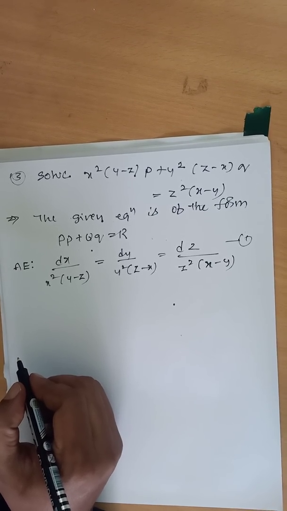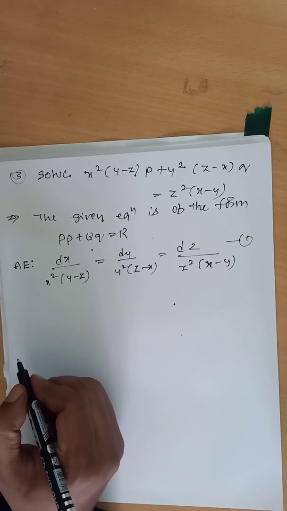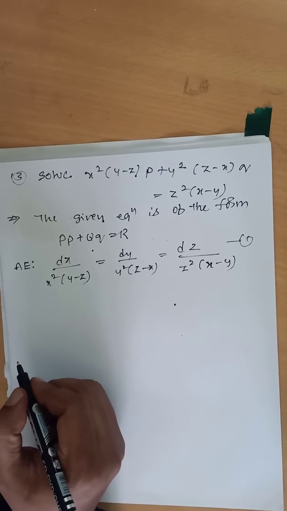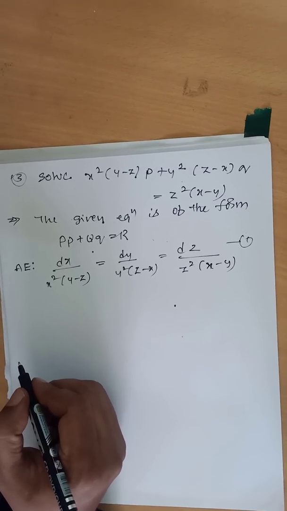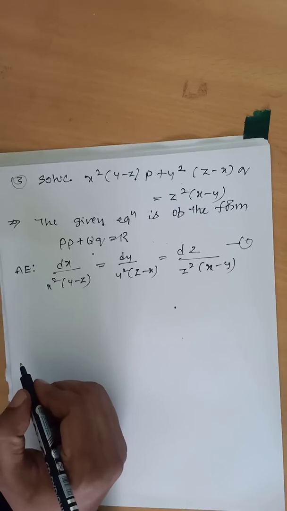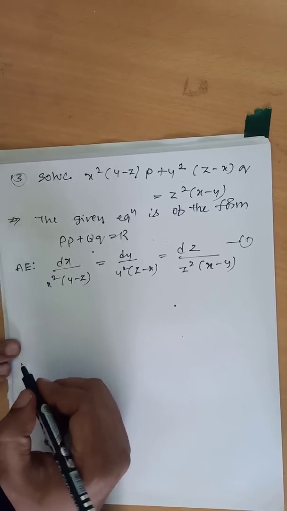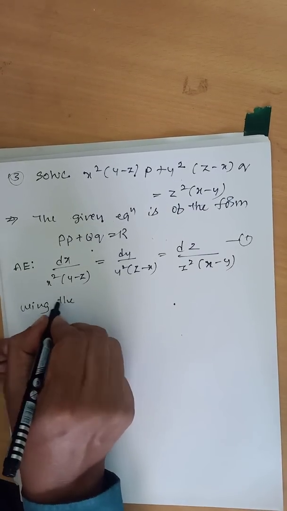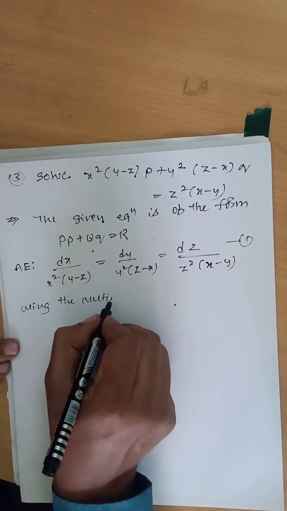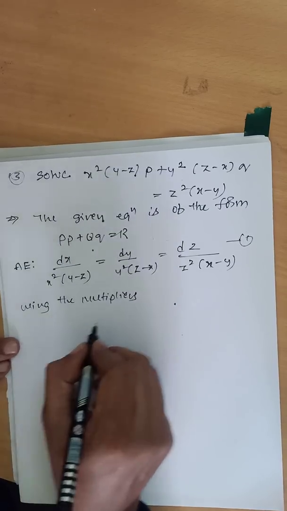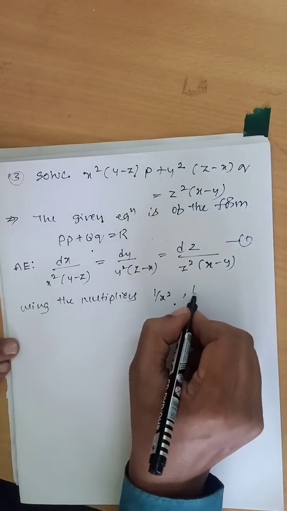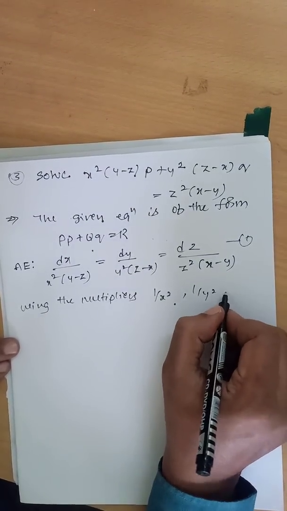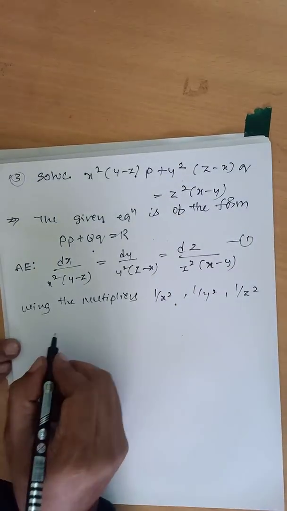We choose the multipliers to make each ratio equal to numerator divided by denominator, where the denominator should be 0. Using the multipliers 1/x², 1/y², 1/z² is the option.